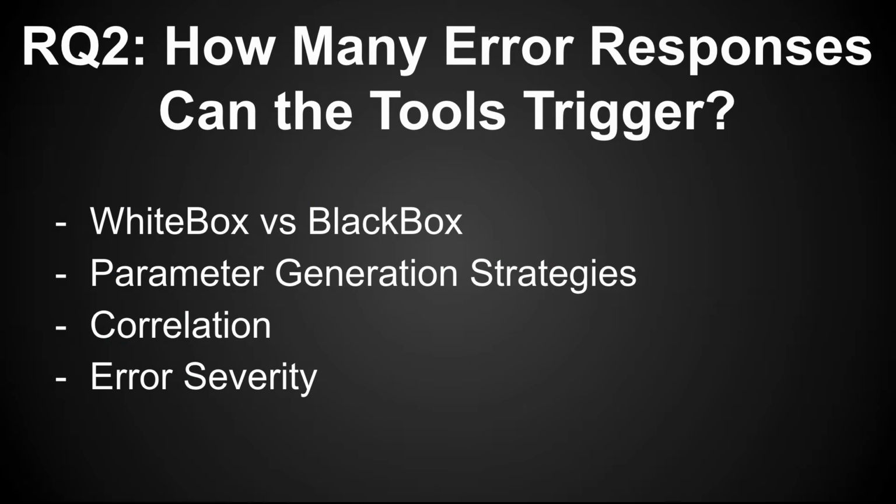The second research question was about the number of error responses the tools could trigger. The white box tool EvoMaster WB was the best performer by a wide margin. However, in some cases, black box tools performed better than white box tool EvoMaster WB using the specification information.